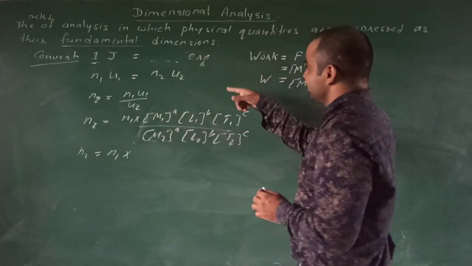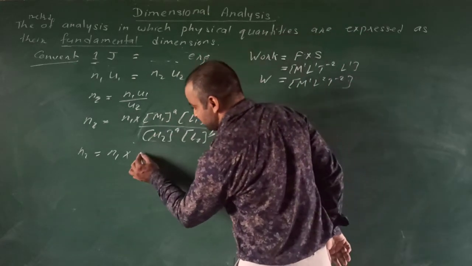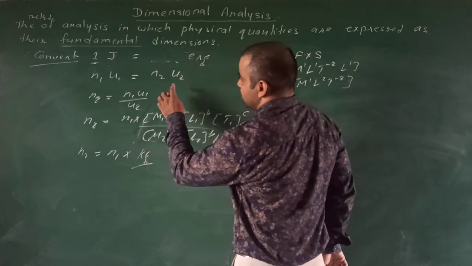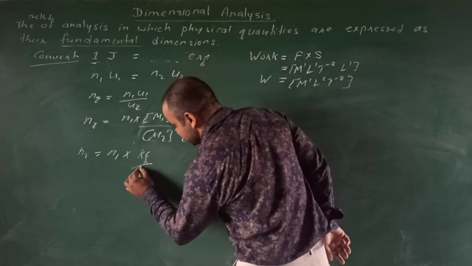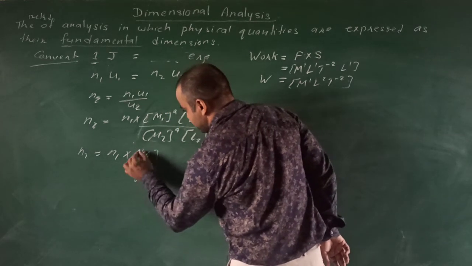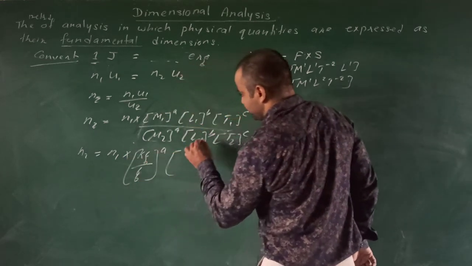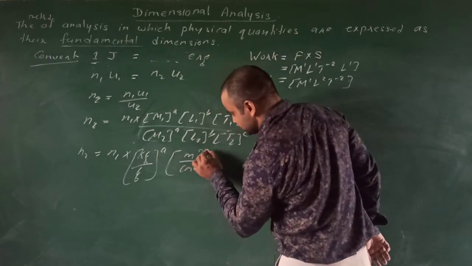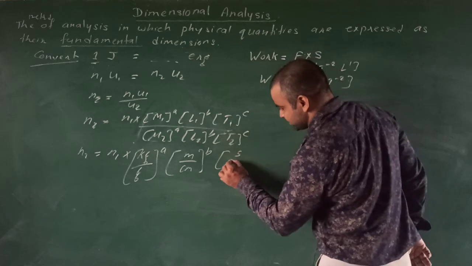In SI unit mass in kilogram, this is CGS unit mass in grams. Length in meters, length in centimeters. Time in seconds, time in seconds.